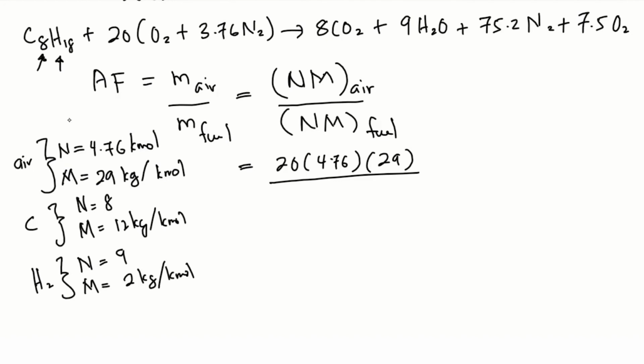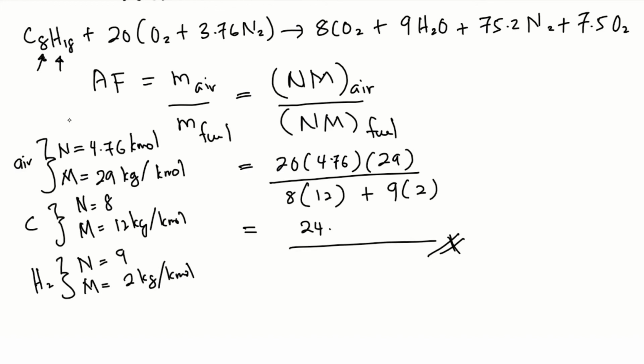So for carbon, 8 multiplied by 12 plus hydrogen is 9 multiplied by 2. So that's how we calculate air to fuel ratio. From there, the value that we're gonna get is 24.2 kg air per kg fuel.